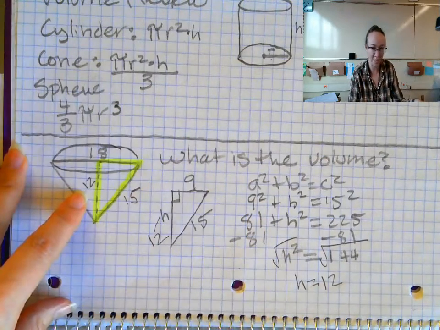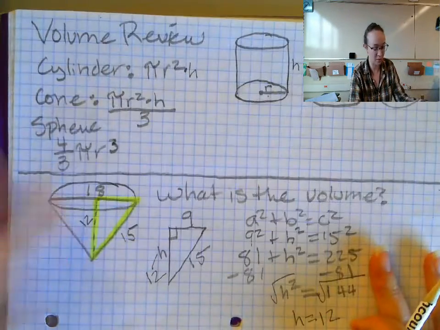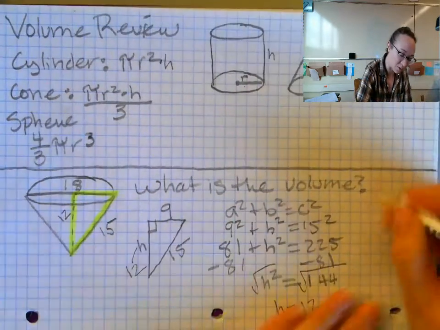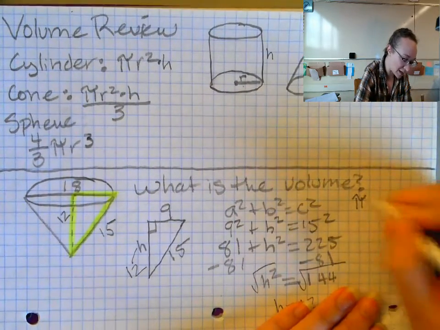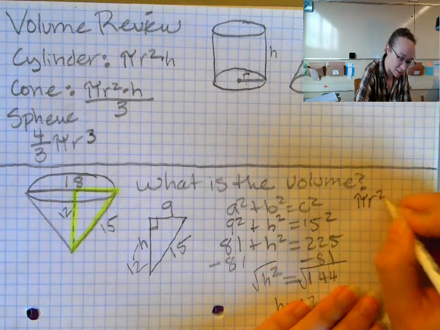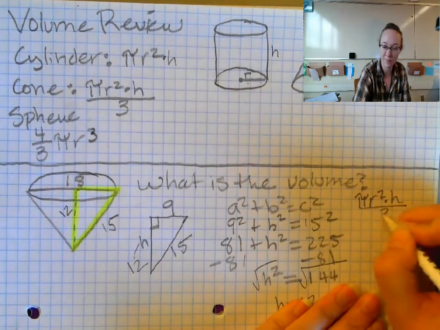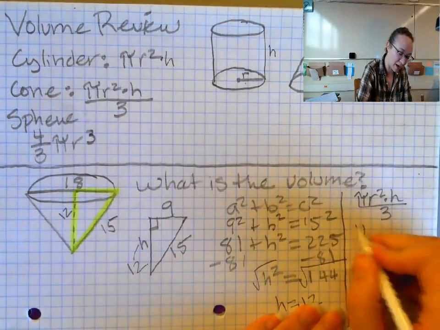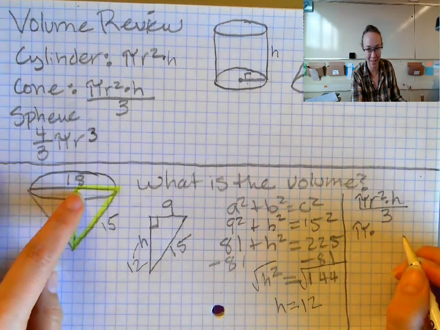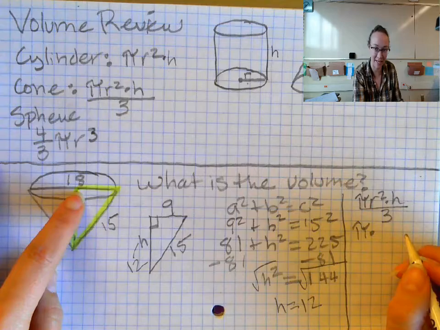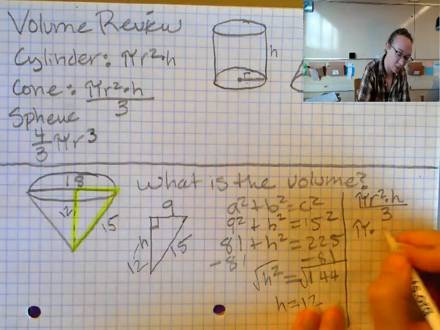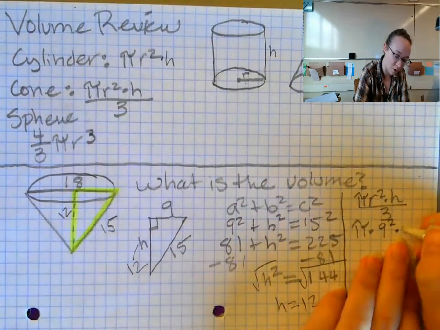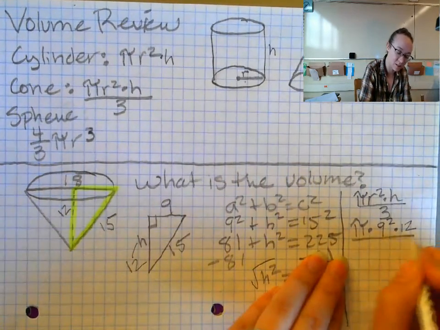So now I can plug in to the formula from up here, because now I know my height and my radius. So pi times r squared times height divided by 3 is my formula. So pi times, and now my radius, not 18, it's 9, right? Because diameter was 18 and radius is half of diameter. So pi times 9 squared times 12, because that's my height, divided by 3.